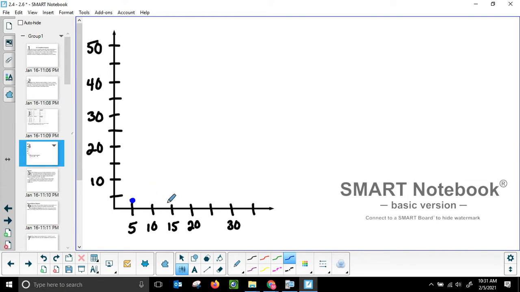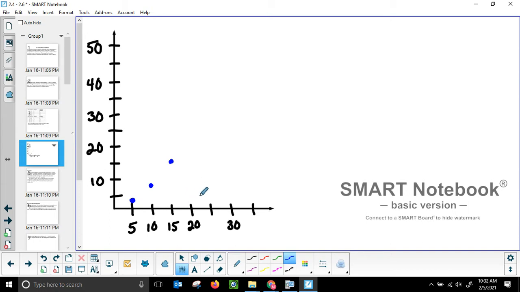Next we have 10, 8, I'm sorry, that should be 10, 8, somewhere in here. Then we have 15, 16, so somewhere right in here.